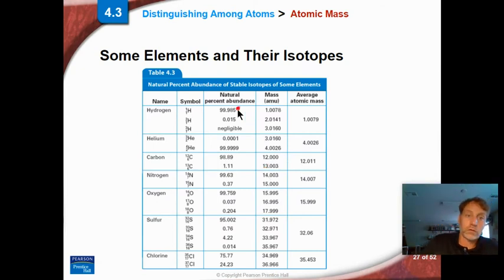So for instance, let's look at a simpler one, hydrogen. 99.985% of all the hydrogen in the universe is hydrogen 1, meaning it has an atomic mass of 1.